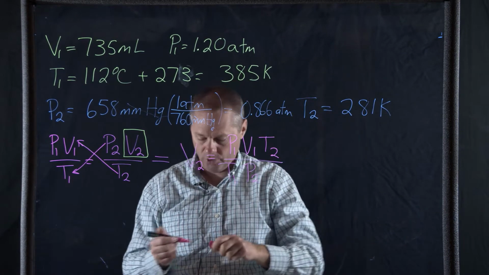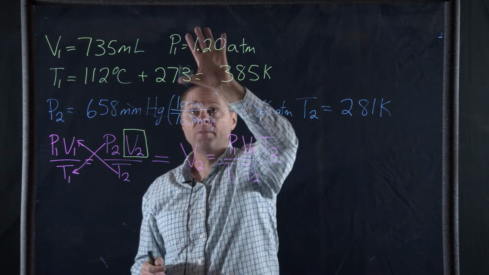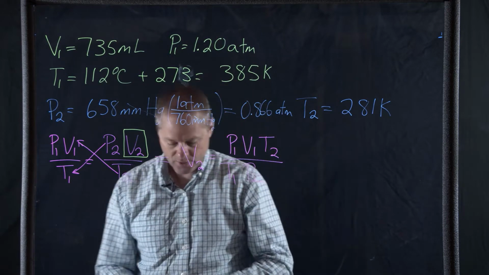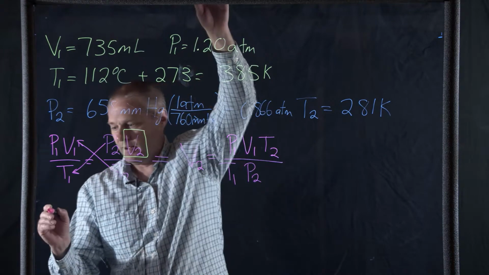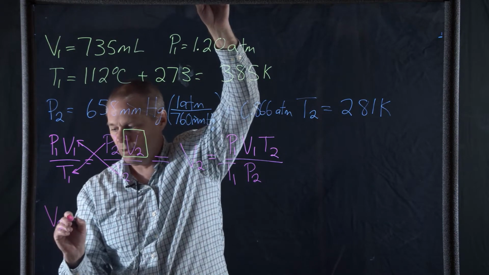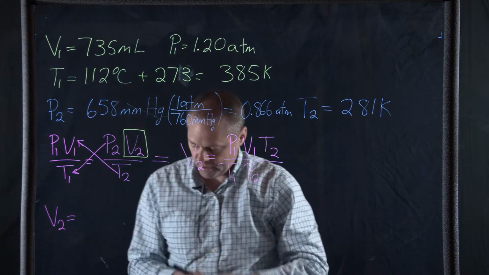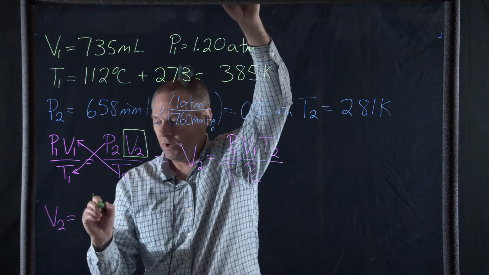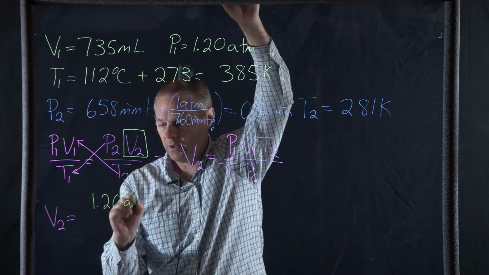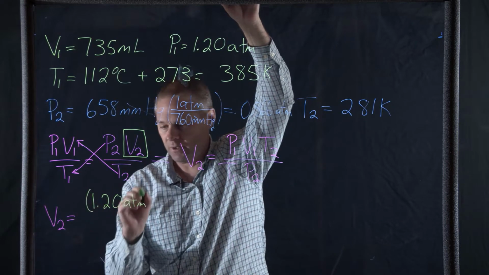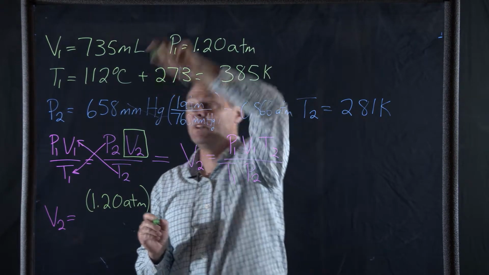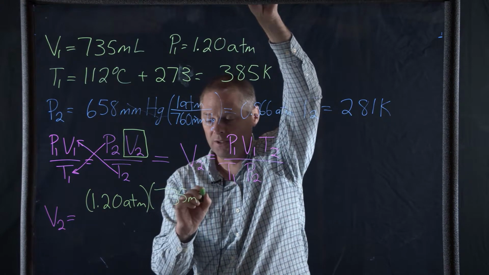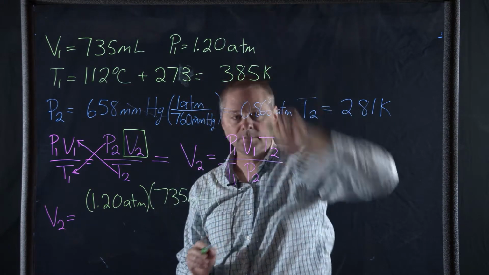Now what we want to do is plug our variables up here into this equation, okay? So we start out with V2 is going to be equal to, now P1, all right, is going to be 1.20 atmospheres, all right? V1 is 735 milliliters, all right?